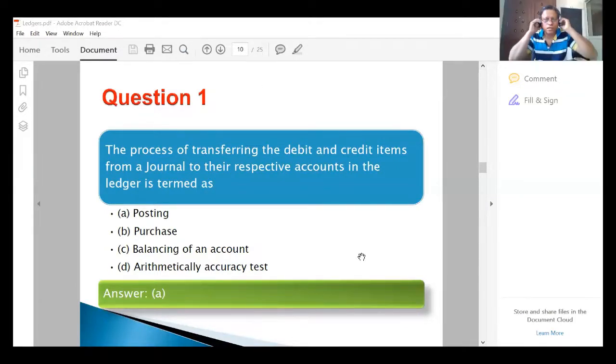The first question: the process of transferring the debit and credit items from a journal to the respective accounts is called posting. The process of transferring the debit and credit items from the journal to the respective ledger is called posting.